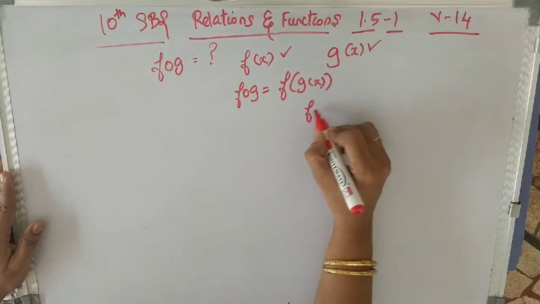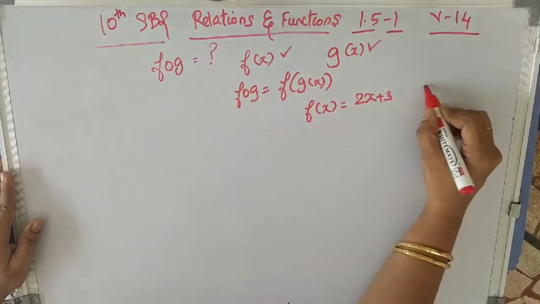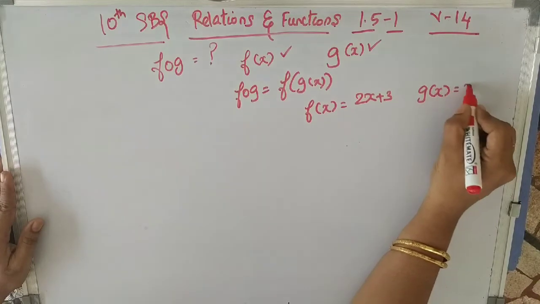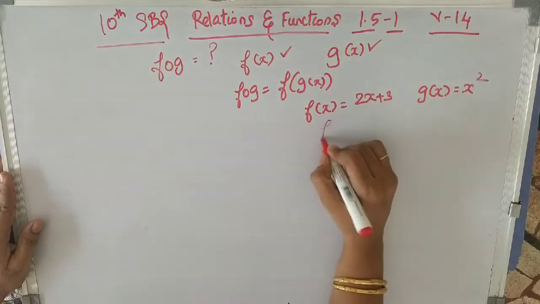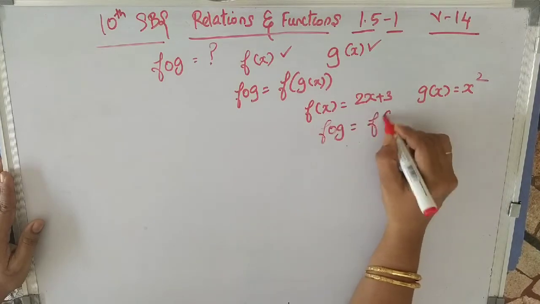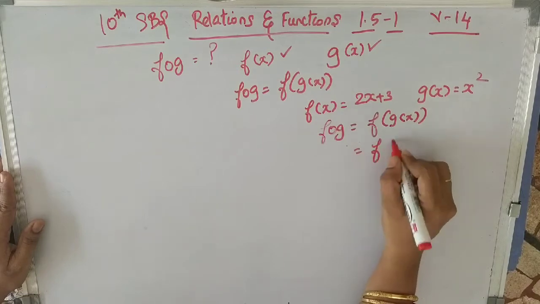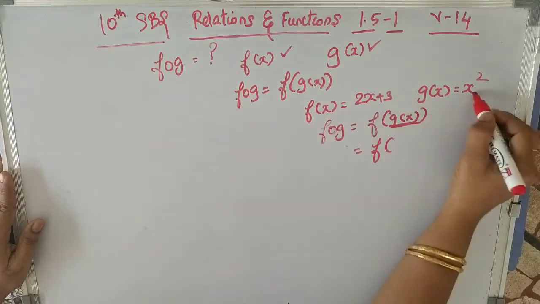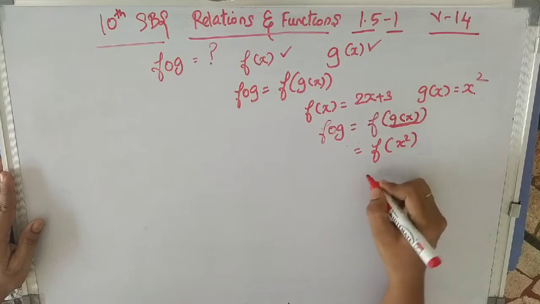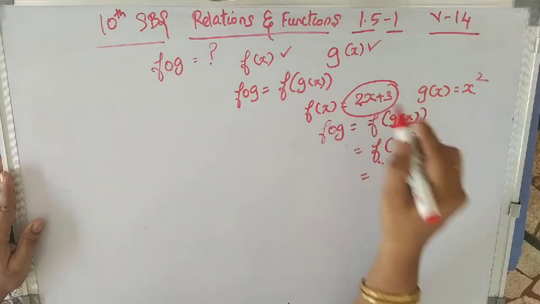Understand? Now, let me give you an example. Let's take f of x is equal to 2x plus 3 and g of x is equal to x squared. Now, we have to find f dot g. What is f dot g? f of g of x. So, f of, what is g of x? x squared. So, f of x squared.